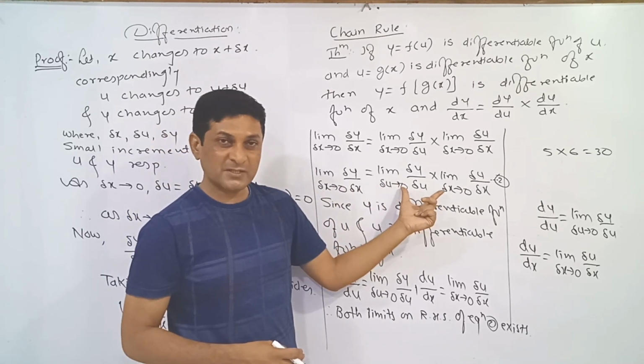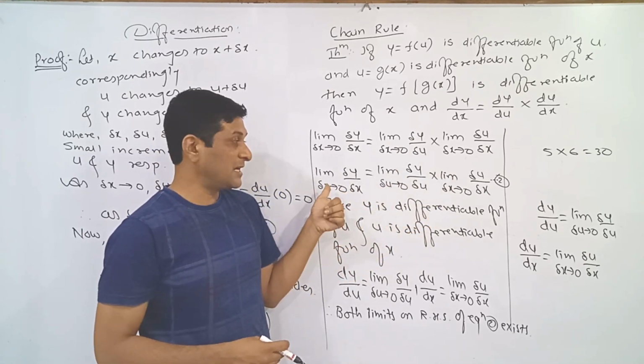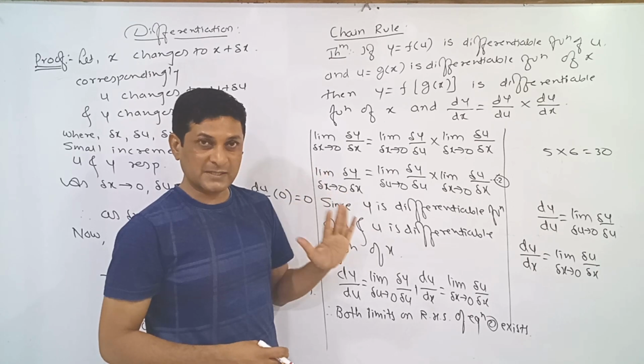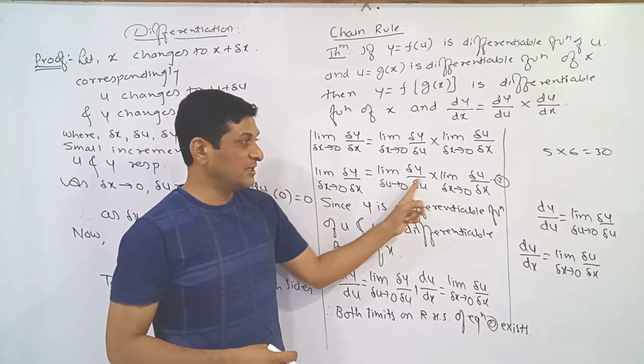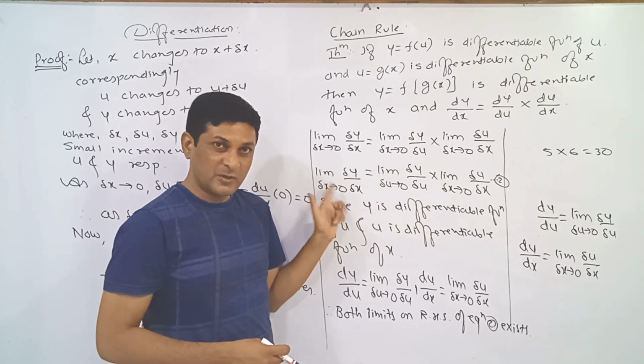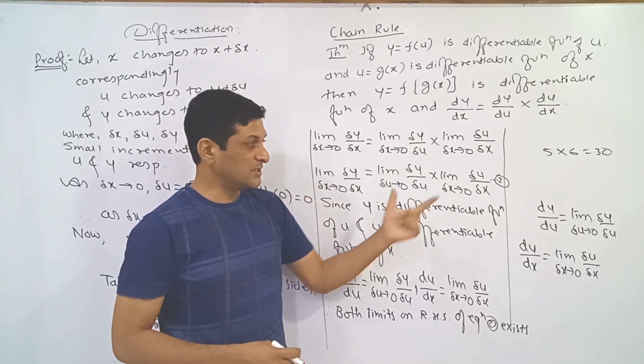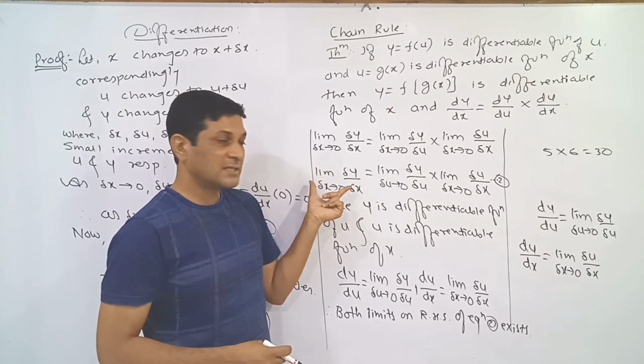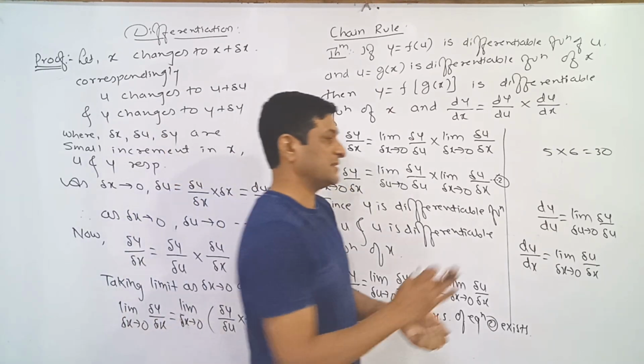Means if these two limits exist, only at that time can we say that this limit also exists. So we have already written that both the limits on the right hand side exist, and the limit on the left hand side depends on them. Since both limits exist, we can say that this limit on the right hand side also exists.